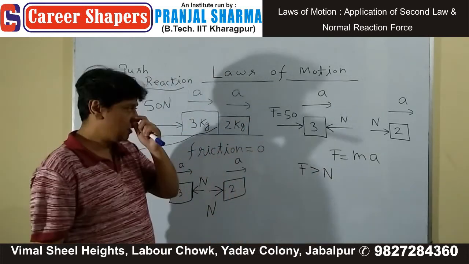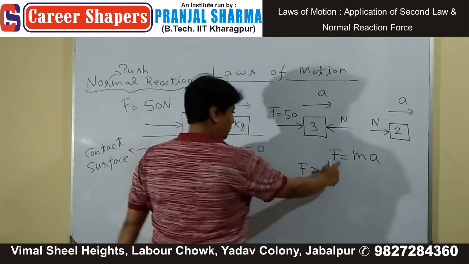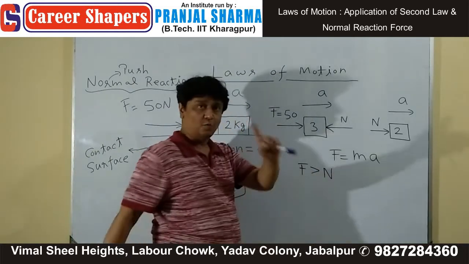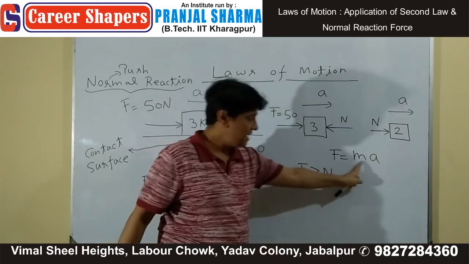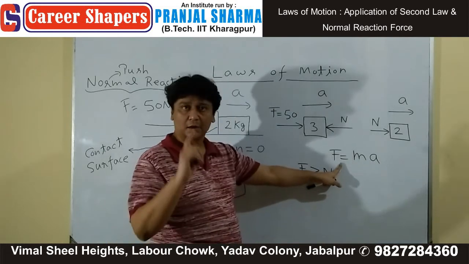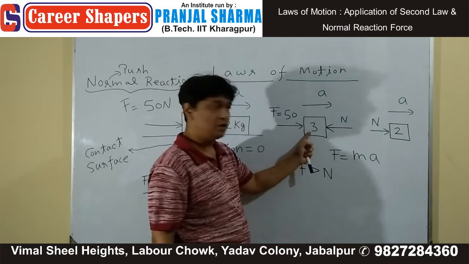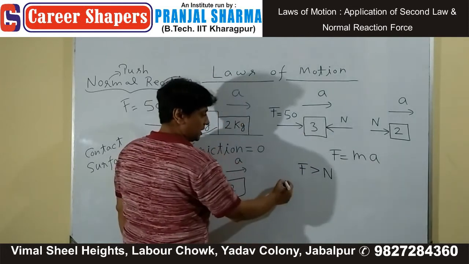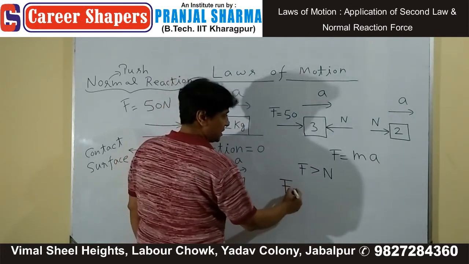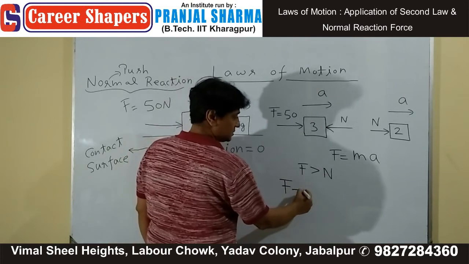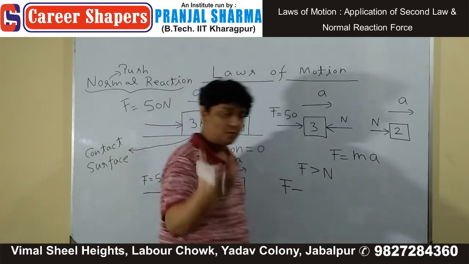इसका फायदा हमने क्या उठाया? What is this F? When I use F in F equals to ma, remember it is total force. तो इस 3 पर total force क्या है? हमने लिखा F minus, let's take the values now.